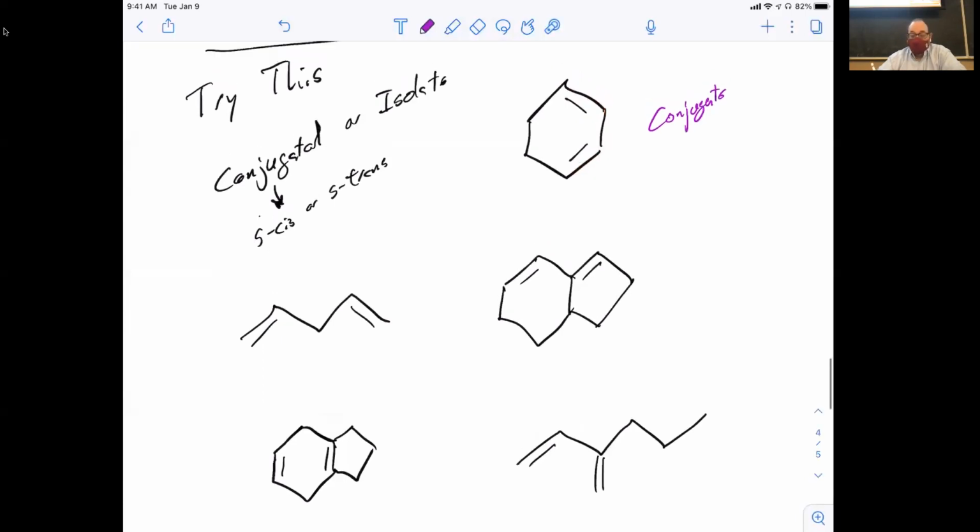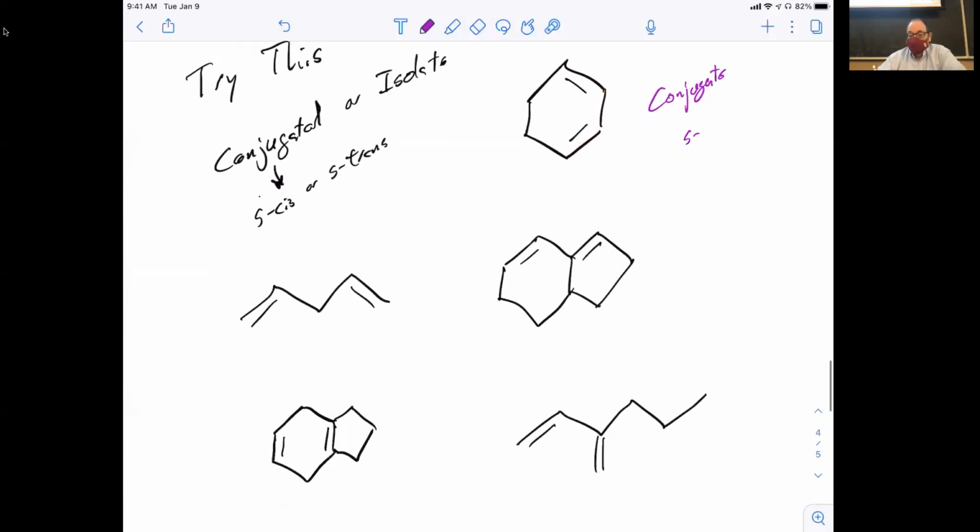This one is S-cis. And what's also important, foreshadowing something we'll need later: could this one ever be S-trans? Not with the six-membered ring. So this one is locked into this structure. There's no way for me to rotate that ring and take it into S-trans, so it's always going to be S-cis.